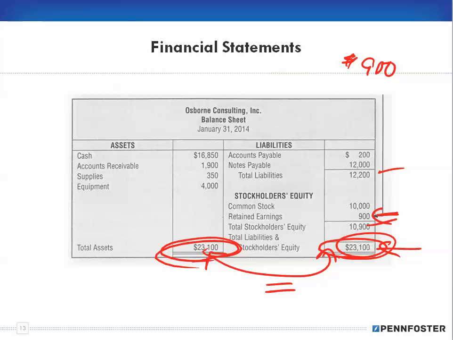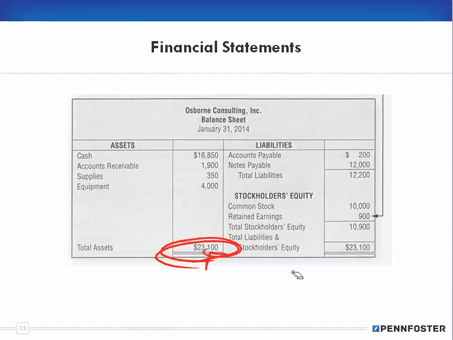Because that's just ethically and morally unacceptable, and that's why you have double entry bookkeeping. So I hope that makes sense, and this here is the end of the financial statement.